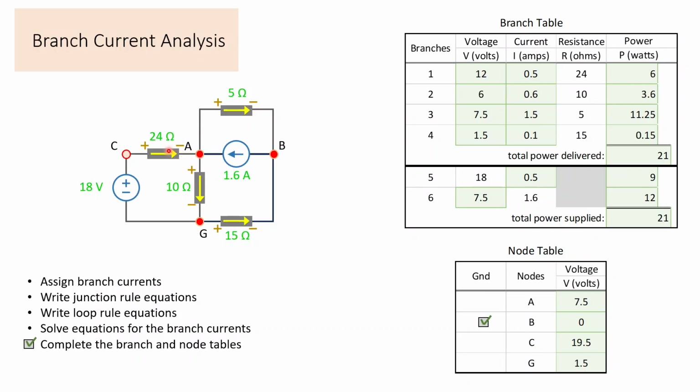If I keep going now from A to C through the 24, that's minus to plus, right? I would be increasing from A to C by the volts for the 24, which was 12 volts. So 12 volts plus 7.5 volts is 19.5 volts at junction C. And now if I just come down to junction G, I have 19.5 volts plus to minus 18 volts.